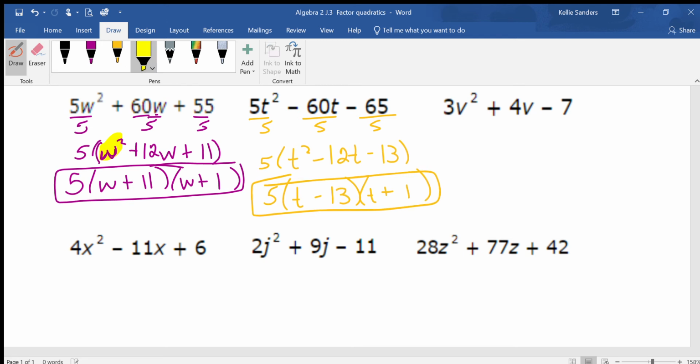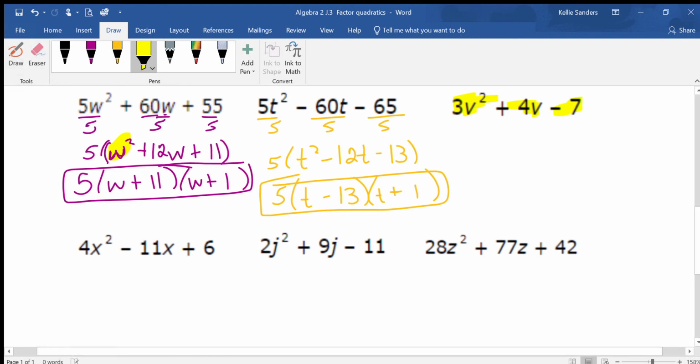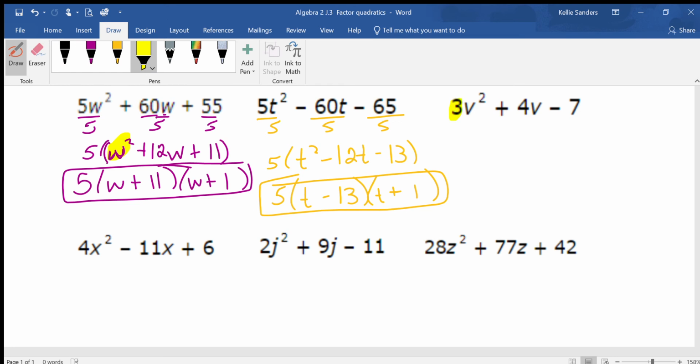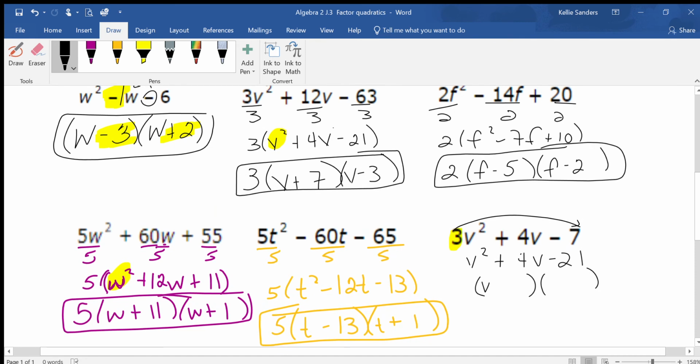Okay. So on this one we have a 3, a 4, and a 7. Nothing will go into 3, 4, and 7. So there's nothing to take out. But our leading coefficient is 3. So we have to move the 3. We have to multiply the 7 and the 3. Actually, we've already done that. That's positive 121.